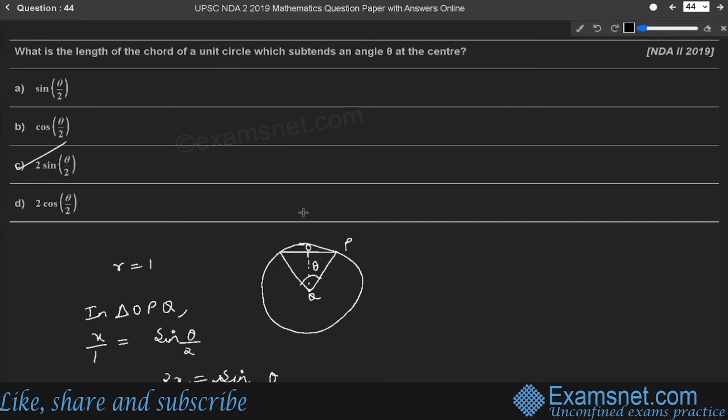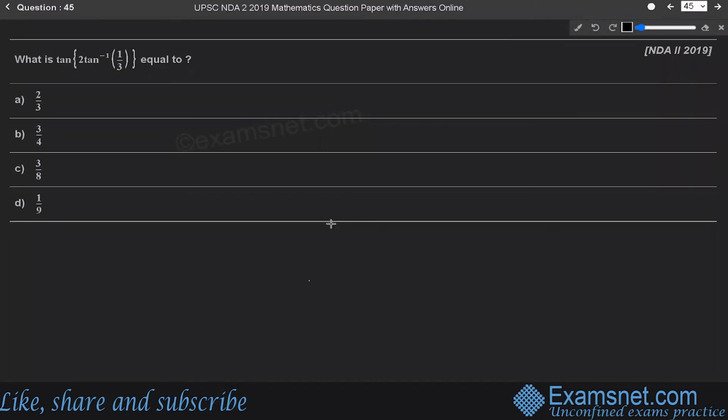Next question is, what is tan 2 tan inverse 1 by 3 equal to? We know that 2 tan inverse x is equal to tan inverse 2x upon 1 minus x square.